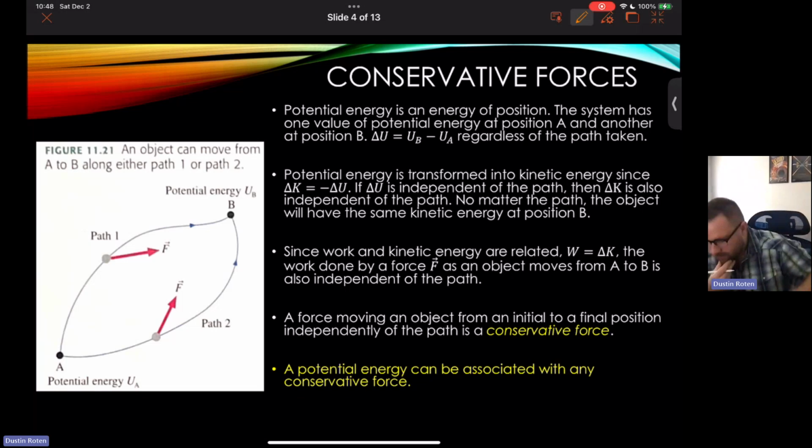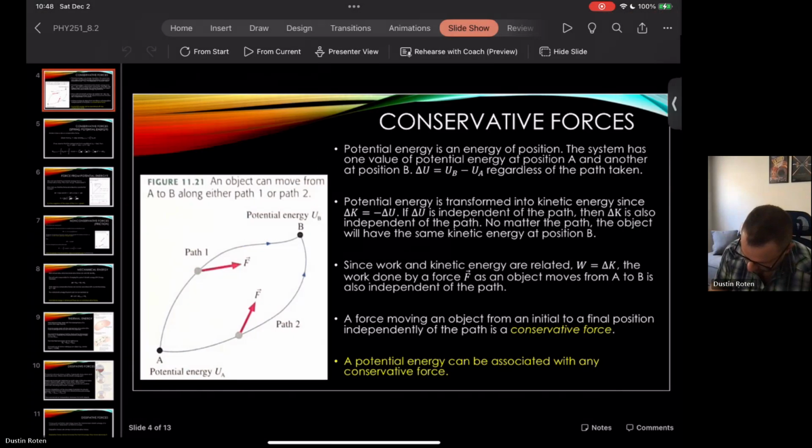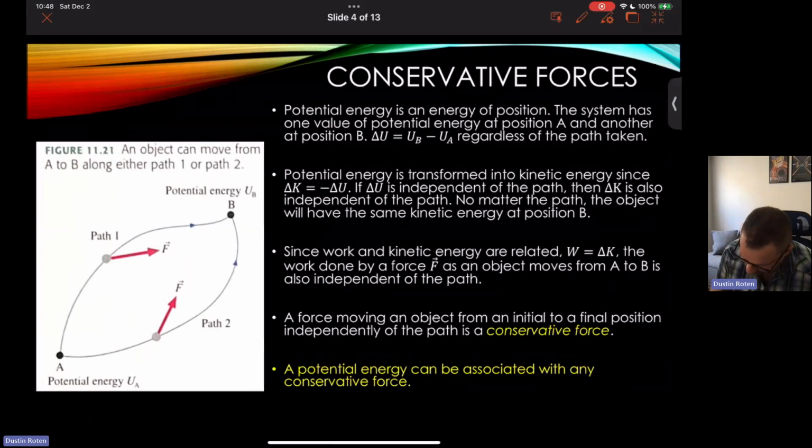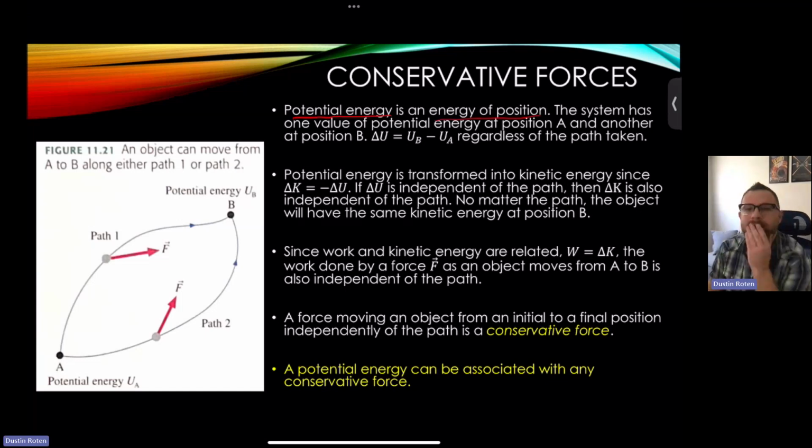Okay, so remember that potential energy is an energy of position. That's important.